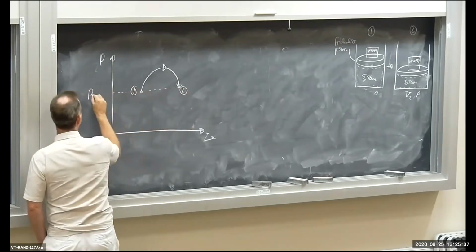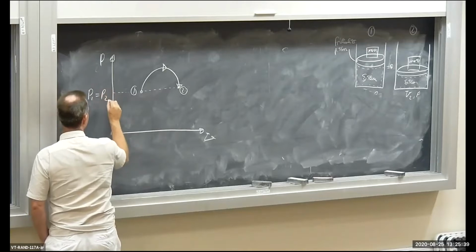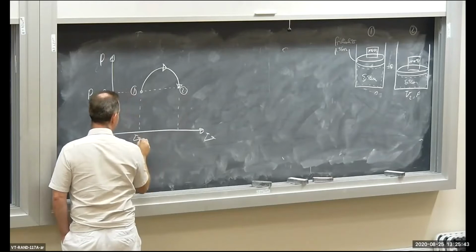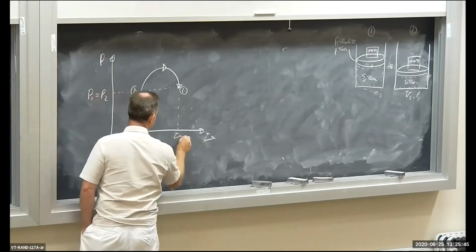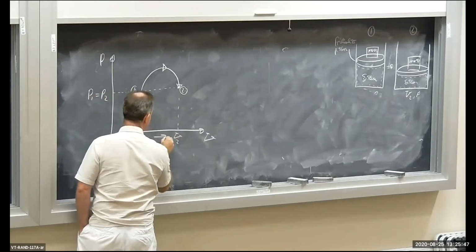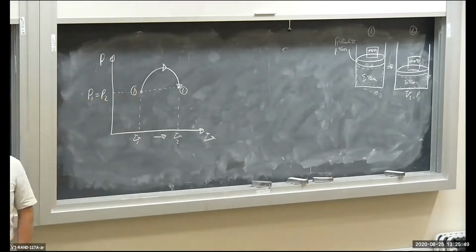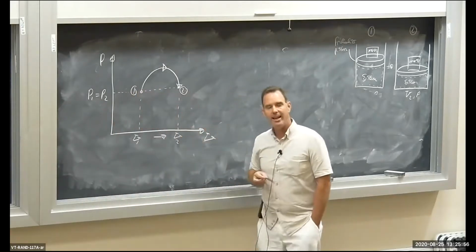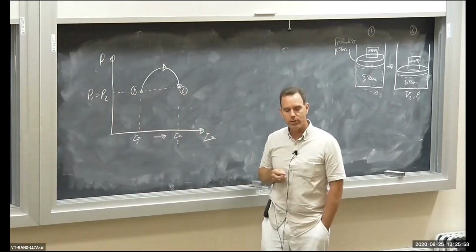Note that P1 is equal to P2. Volume, of course, is increased. So this is V1 and V2. So obviously volume's increased over this process. Note, P1 is equal to P2. Is this an isobaric process?